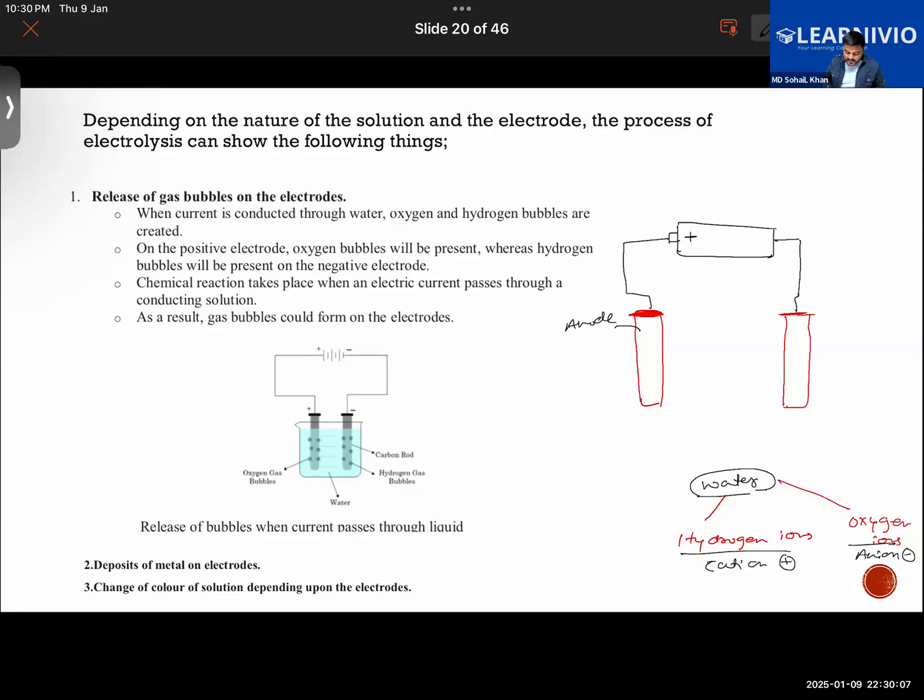So the anode will attract anions, which in this case are the oxygen ions. So these are the oxygen bubbles. The one connected to the negative terminal is the cathode, and it will attract the cations, which in this case is hydrogen. Hope that much is clear to everyone.